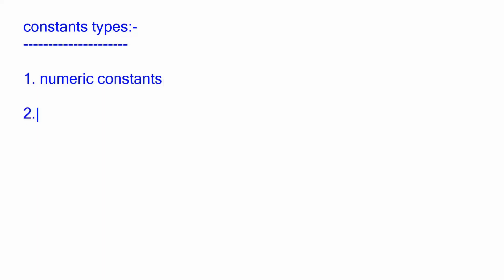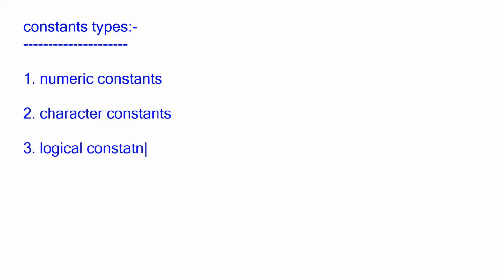Constant types: they are numeric constants or values, character constants, and logical constants. So we have three types of constants here: numeric constants, character constants, and logical constants.